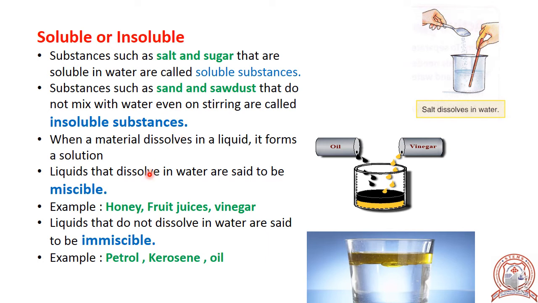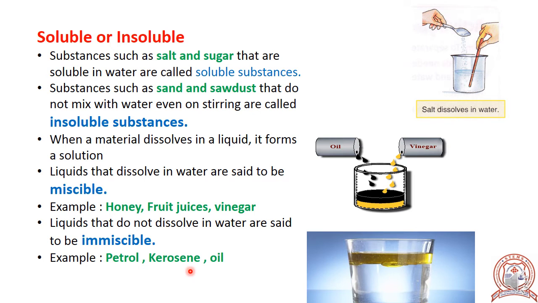And in the case of liquids, liquids that dissolve in water are said to be miscible liquids. Examples are honey, fruit juices, vinegar. And liquids that do not dissolve in water are said to be immiscible liquids.